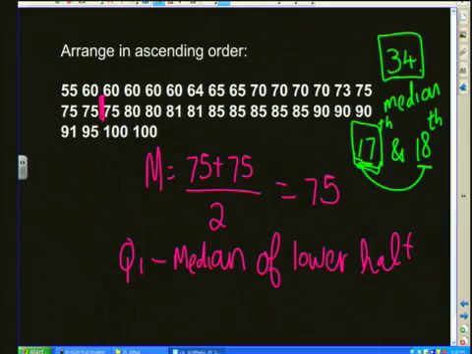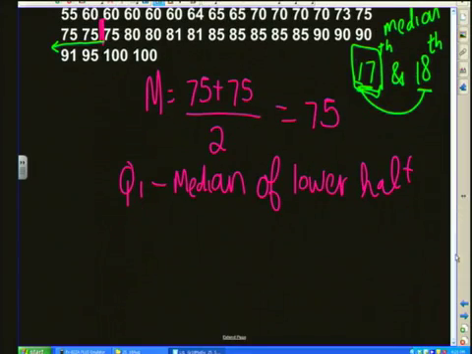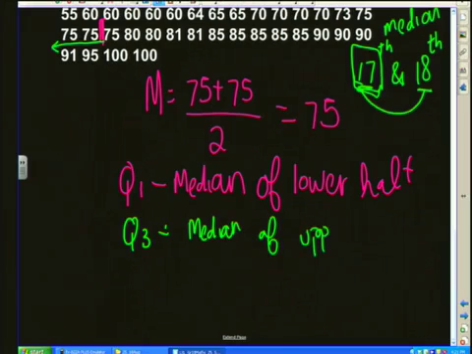So we look to the left of this and find the median of all of those values. Then, to find Q3, you work out the median of the upper half of values.